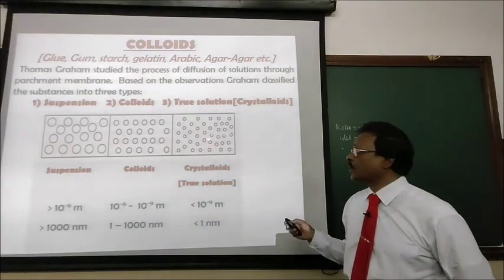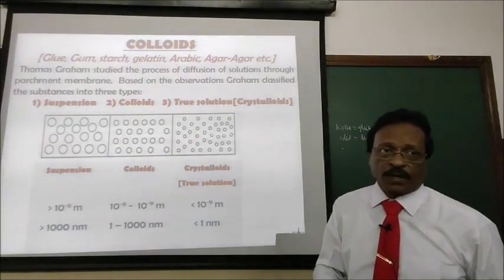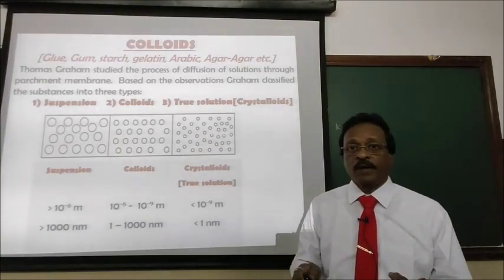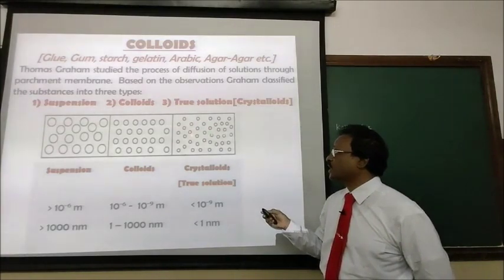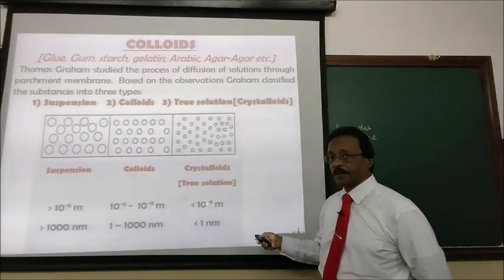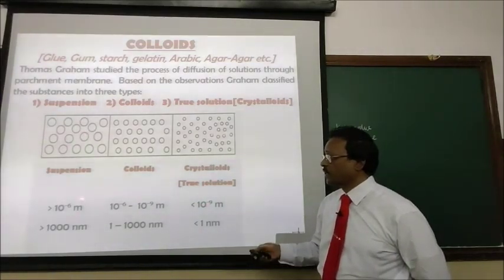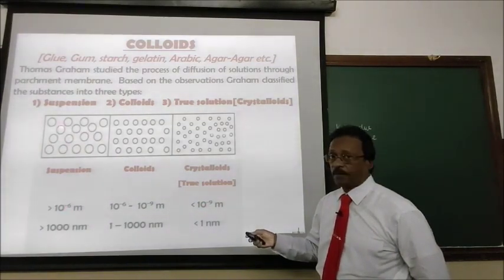He found that the particles of the true solution come out quickly through the membrane, very fast. Then he estimated the particle size, and the particle size of these crystalloids in true solution was found to be less than 10 power minus 9 meter. Look at the suspension particles: the particle size was more than 10 power minus 6 meter, and they did not pass through the parchment membrane bag.